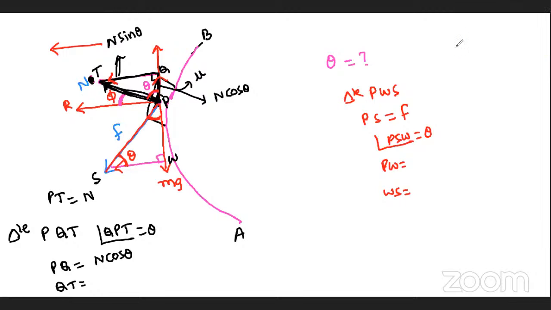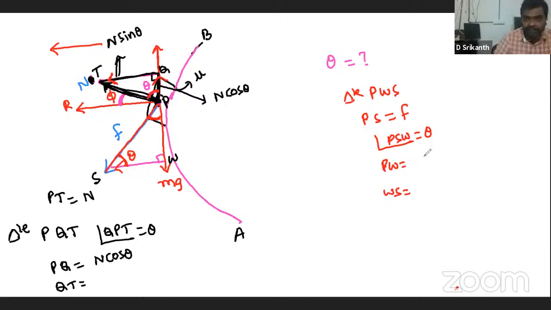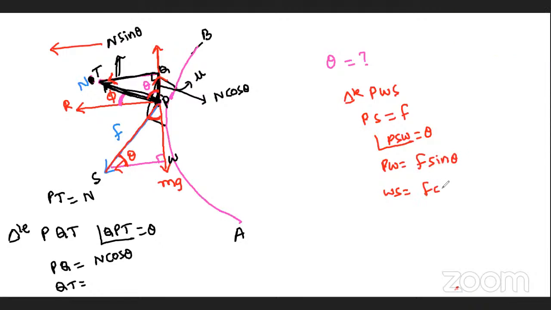PW is F sin theta, and WS is F cos theta.